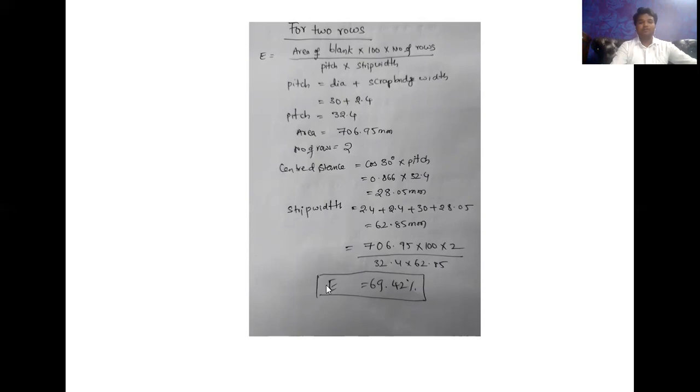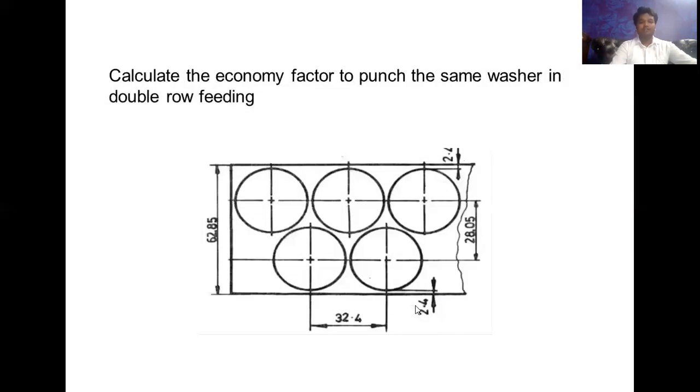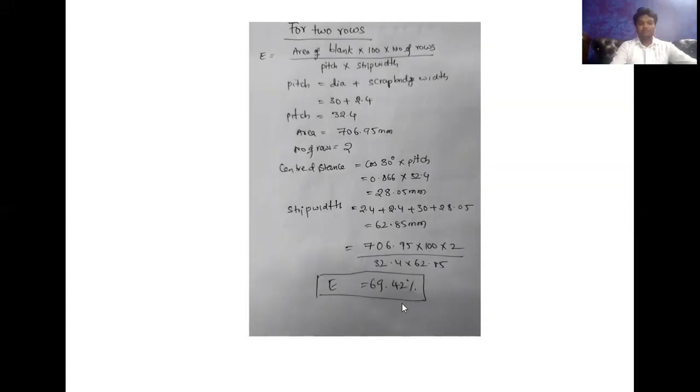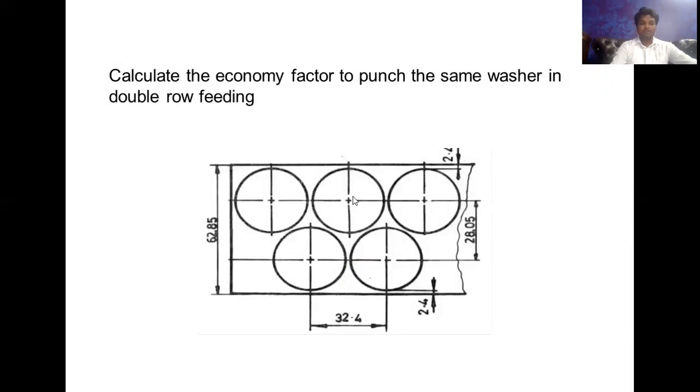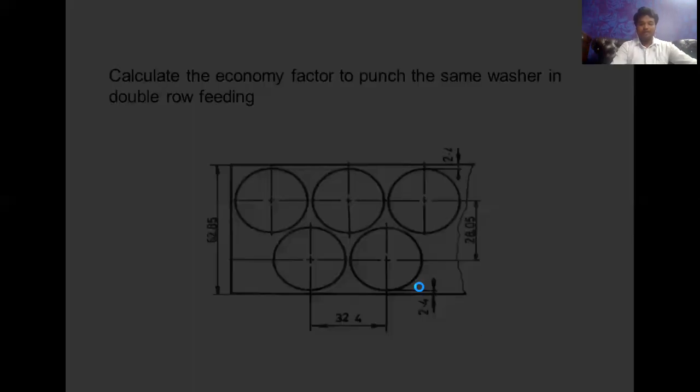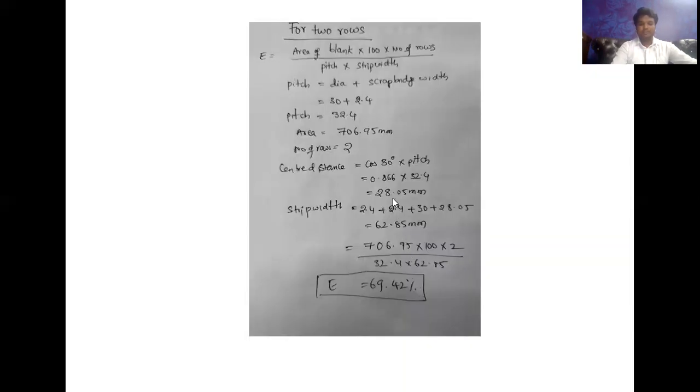So based upon this calculation, if we draw the layout, this is the strip layout, 62.85 strip width, and we have the center to center distance. This is one center, this is another center, 28.05 center to center distance.